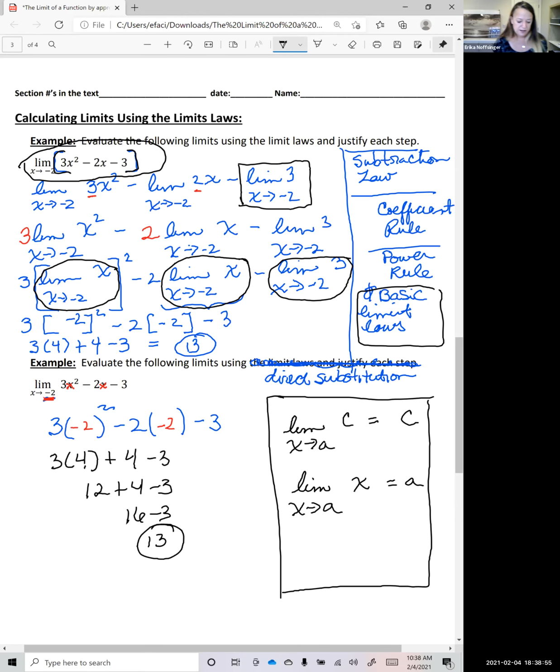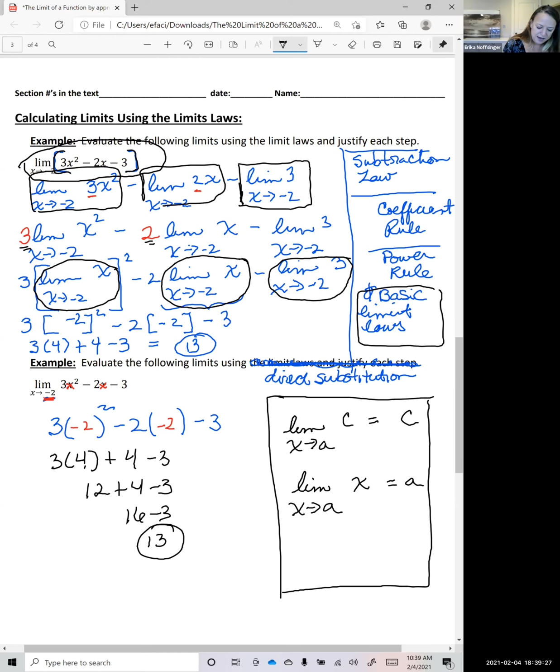And so with this limit, in this first example, I was breaking it down. So I either had the limit as x approaches -2 of x, or a constant. And so I broke it down just using each rule in pieces. So first we could use that subtraction rule by breaking down the terms. And then I wanted to get this in terms of x. So we use the coefficient rule by pulling out the coefficient or constant rule.